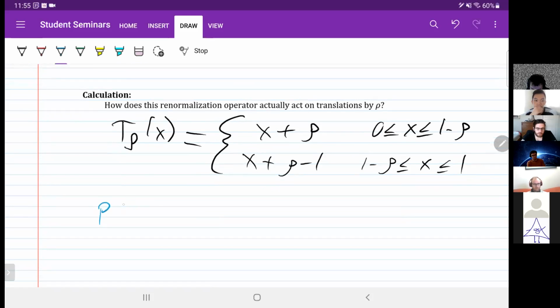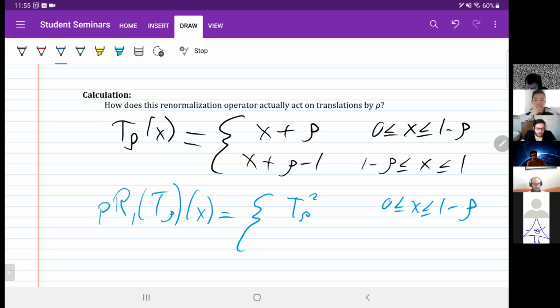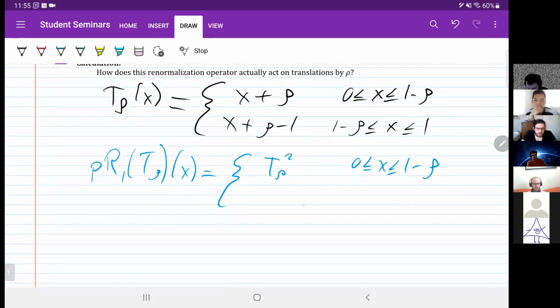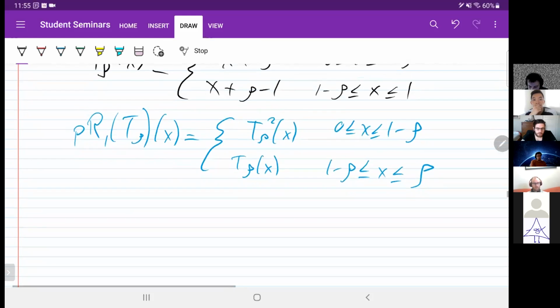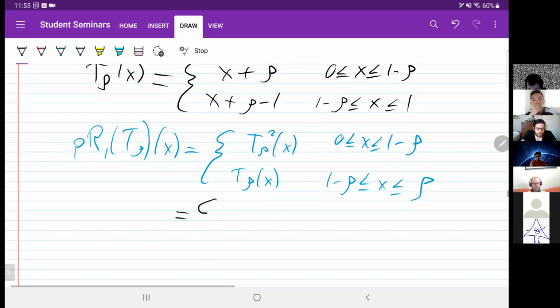Pre-renormalization of t rho is t rho squared if x is between 0 and 1 minus rho, and it's t rho applied once if x is bigger. This is just me writing down the definition of renormalization. Let's apply this. The bottom case is easier.